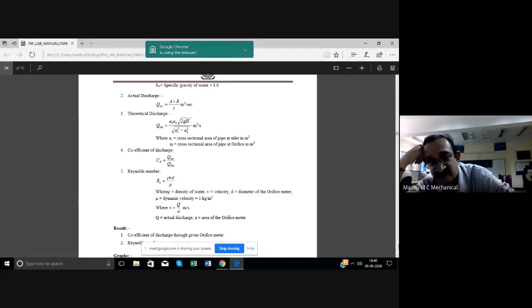Specific gravity of mercury, 13.6, minus water, 1. So what is the loss of head value that you got? 0.667 meters. Are all of you getting this value?